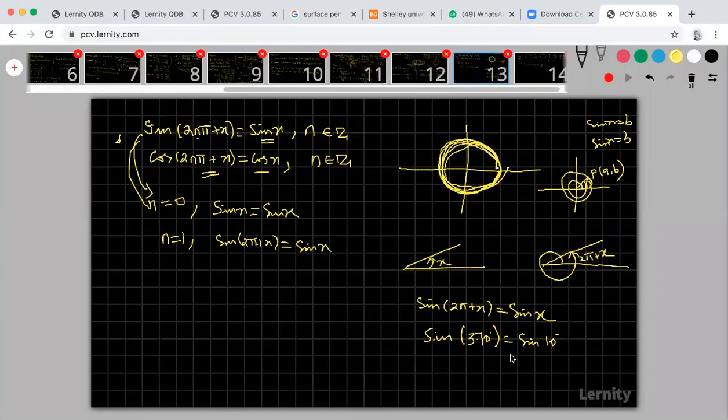Based on this, I am concluding that for 2n pi, suppose I put n equal to minus 1, you will get a negative angle. That negative angle is also equal to sin x only. So sine of minus 2 pi plus x is also sin x. Similarly, cos of 2n pi plus x is also cos x.